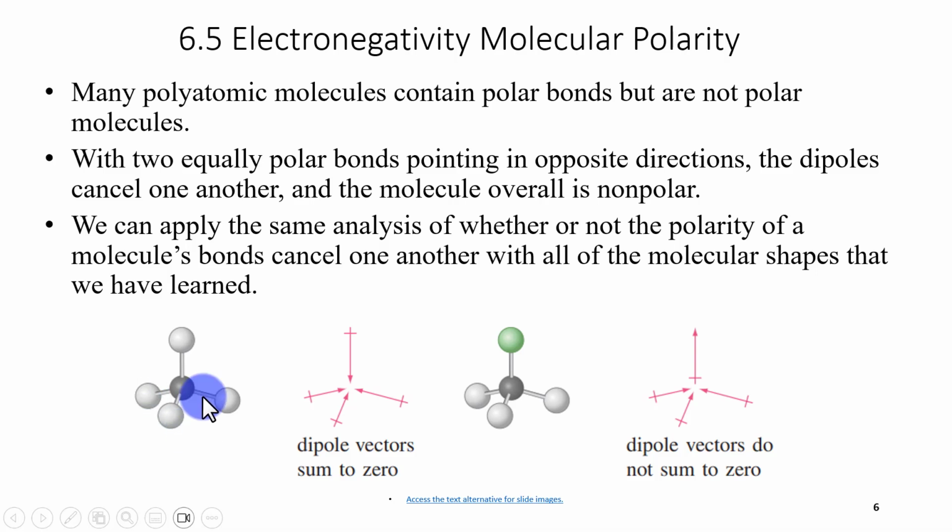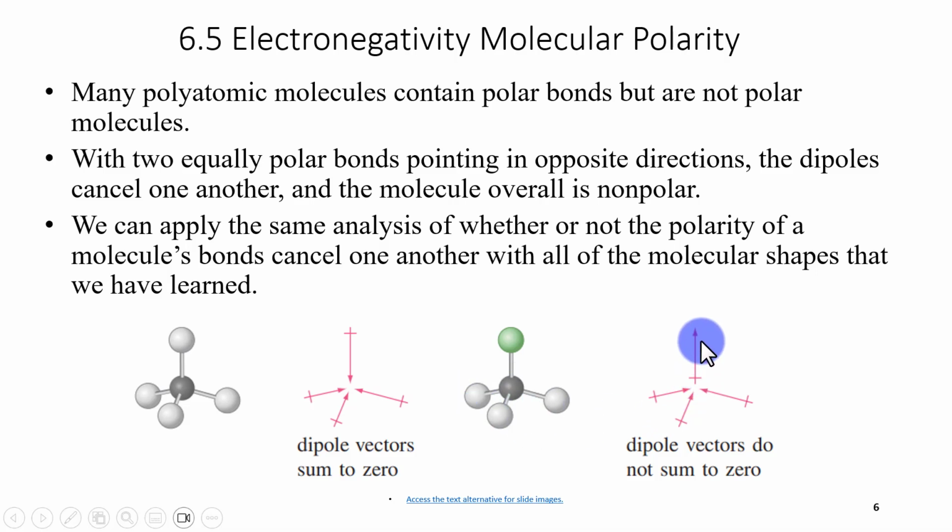What happens if I replace one of these atoms with another atom that is more electronegative than my central atom? Let's say I have chlorine here instead of the hydrogen. So I have carbon, hydrogen, hydrogen, hydrogen, and a chlorine. Well, chlorine is now the more electronegative atom in this bond, the CCl bond. So even though these three are the same, this bond does not have the same bond polarity as those three.